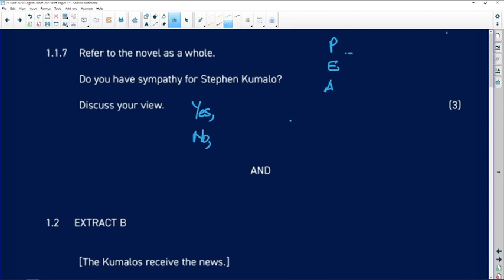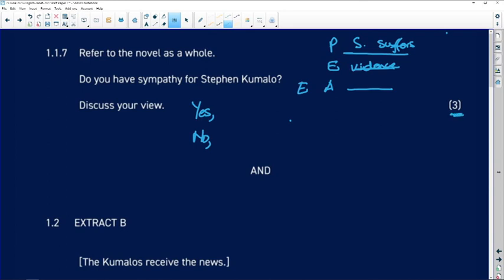Then you're going to make your point. Stephen suffers a great deal. Example, Absalom. You explain about Absalom and the suffering. So you're going to give me the point, the explanation, and the analysis. You can use an E there for explanation or analysis. This is your evidence. And you're going to do that for your 3 marks.